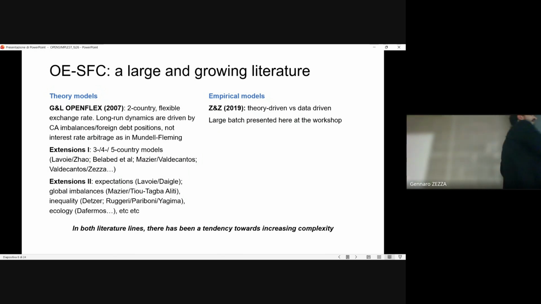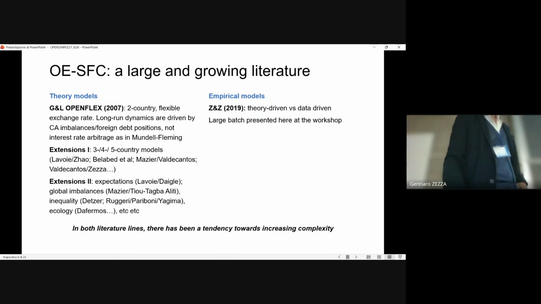Then we had extensions that take chapter 12 and add mechanisms, sectors, financial assets, or other stuff to study particular research questions. So we have models with expectations, models to study global imbalances, other models to study inequality or ecology, and so on and so forth.